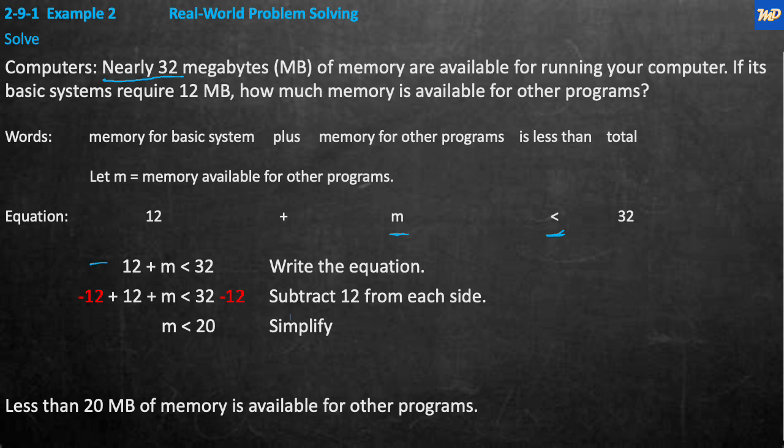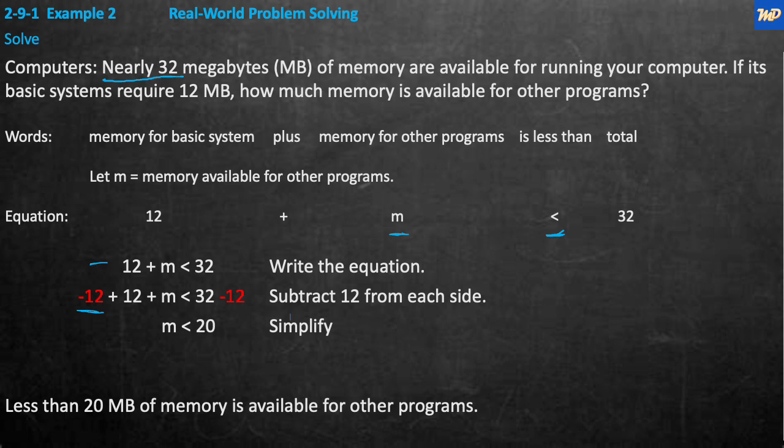I wrote the equation. Now we have to get the M by itself so that we can come up with a solution. And to do that, we have to move the 12 to the other side of the inequality. In order to do that, you have to add its complement or its opposite. So we're going to say negative 12 plus 12 plus M is less than 32 minus 12.